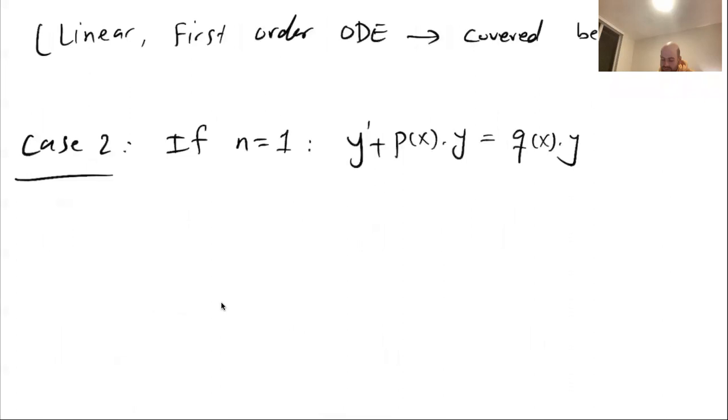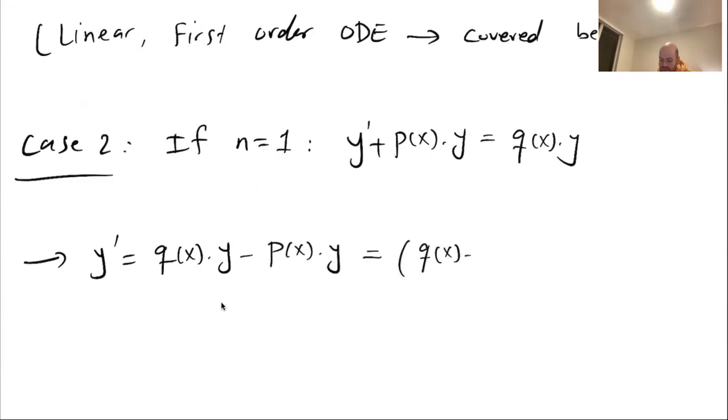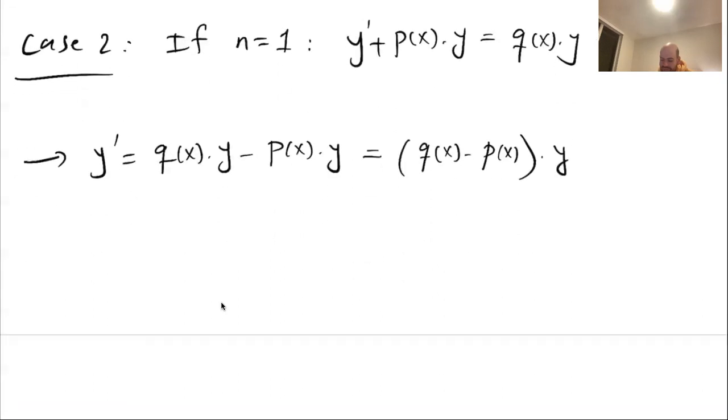I can write this as y prime equals, let me take this term to the other side, q of x times y minus p of x times y. And this is q of x minus p of x times y. And that means, what type of equation is this?